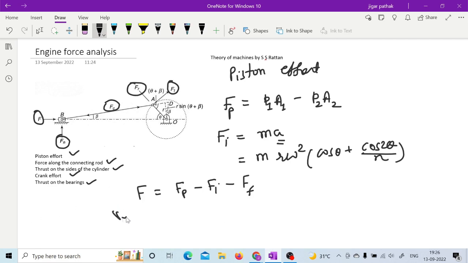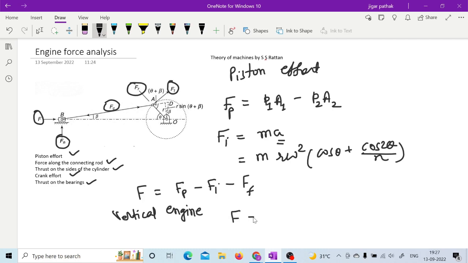But in case of a vertical engine, you will have another force component, the weight force mg, that is also acting in the direction of motion of the piston.